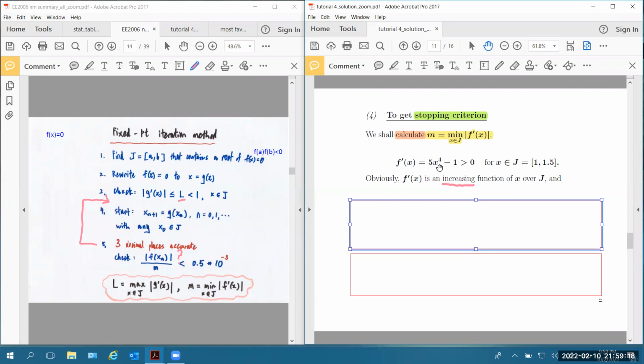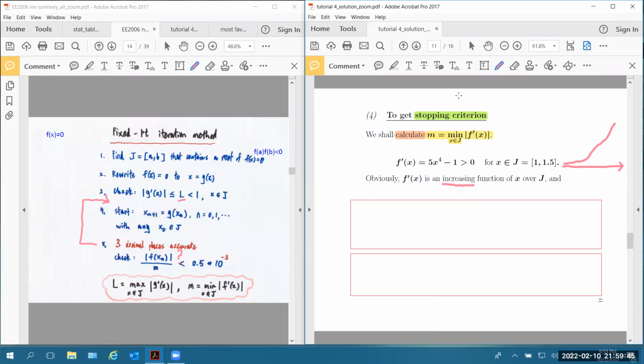This kind of function is such that as x increases, your function value will increase. As your x increases, you know from this expression that your function value will also increase. So this kind is called an increasing function.